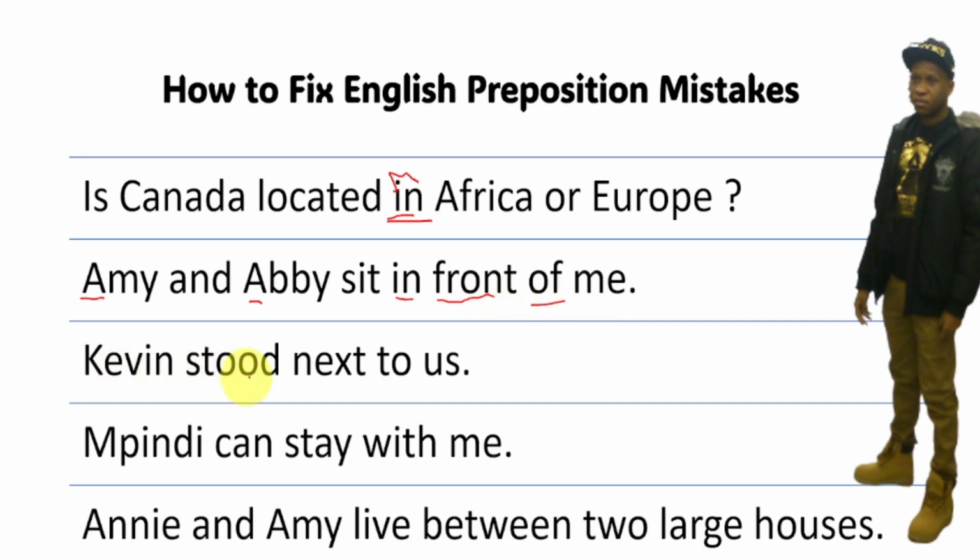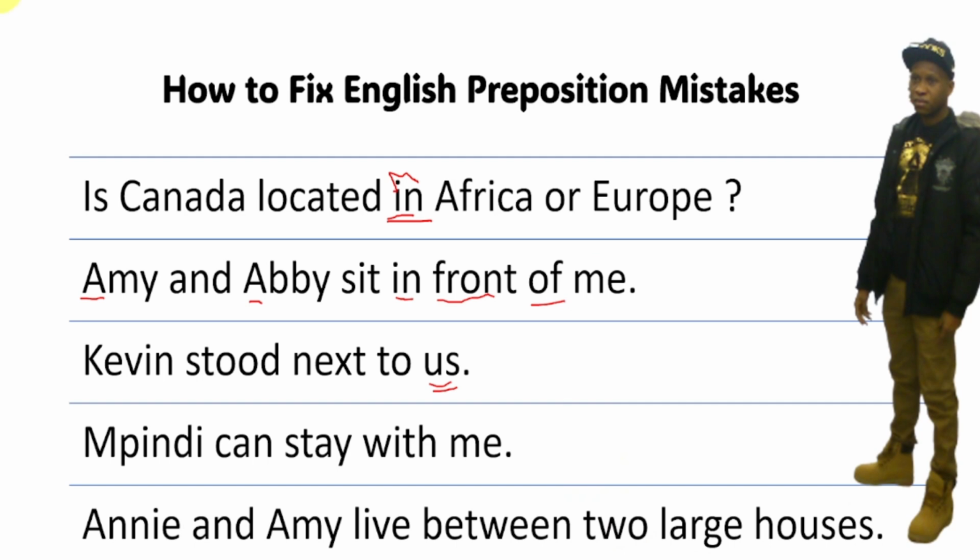Kevin stood next to us. This one is not USA, it's us. Okay? So Kevin stood next to us. Pindy can stay with me. Anne and Amy live between two large houses.